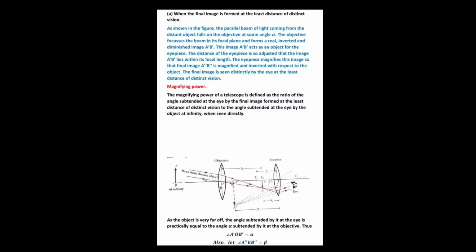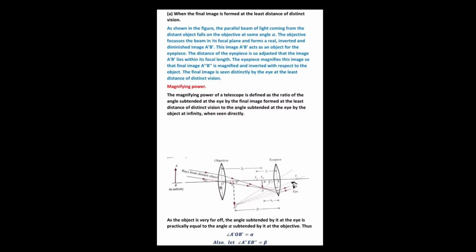Firstly we are going to understand case number 1, when the final image is formed at the least distance of distinct vision. First of all, look at the diagram, and you can clearly observe that a parallel beam of light coming from the distant object falls on the objective at some angle, let that be alpha.